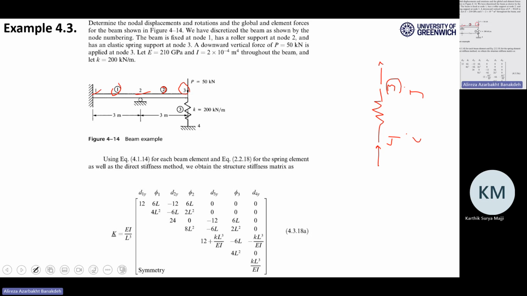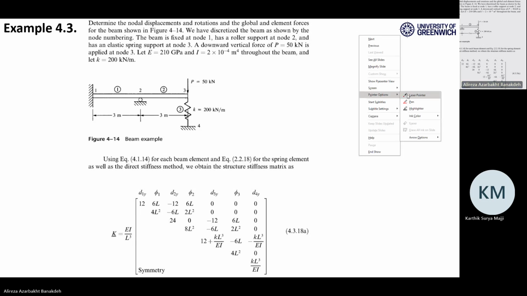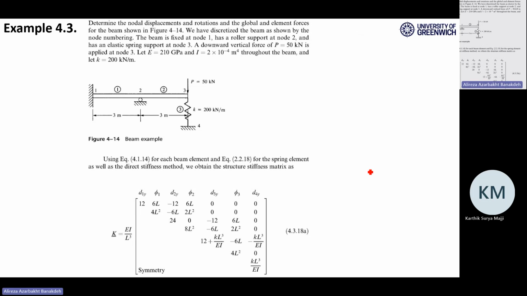If you want to name the degrees of freedom, it's like this. This is delta 1y, this is phi1.